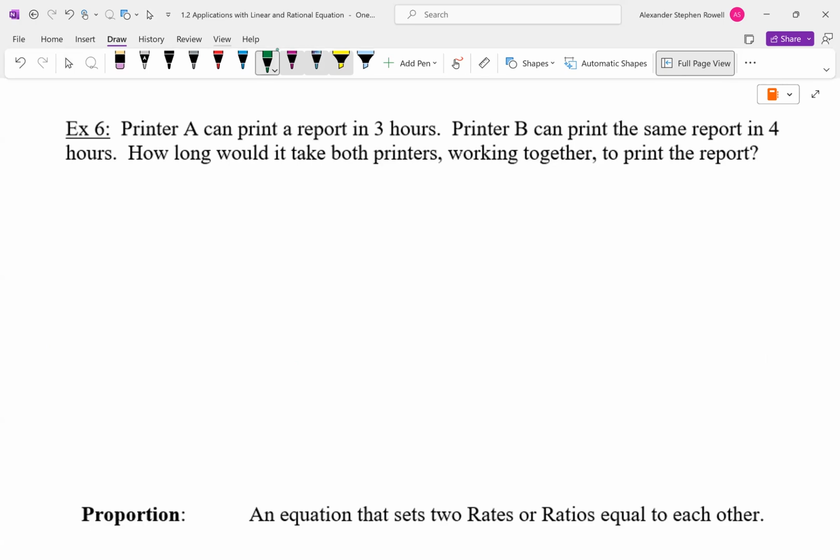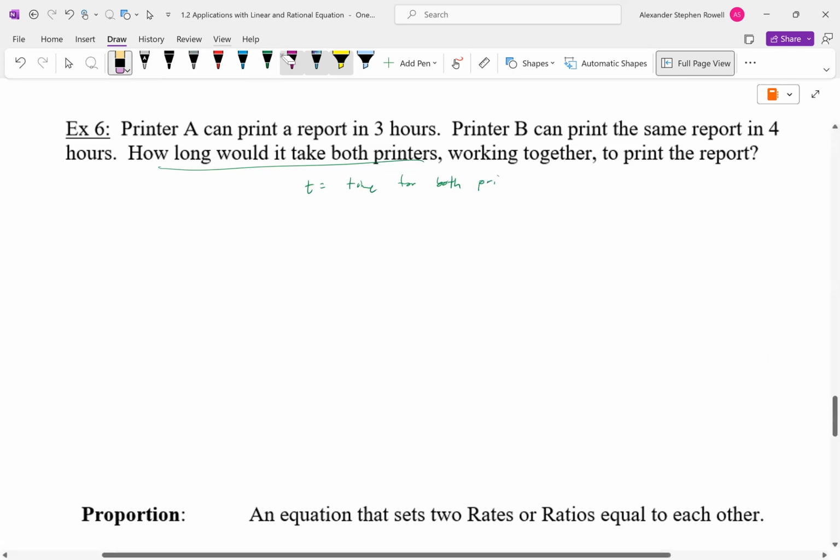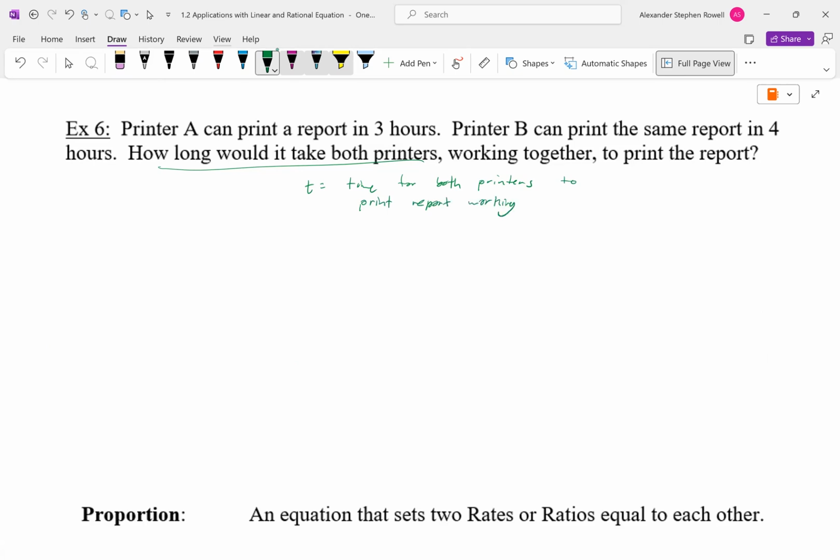The variable is how long would it take both printers working together? Time for both printers to print the report working together.